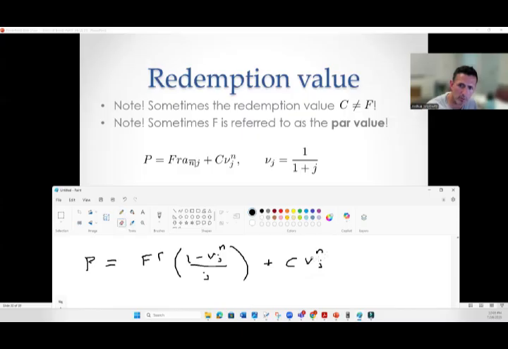I would suppose the use of Makeham's formula is to allow us, in theory, to very easily talk about par, discount, and premium when dealing with bonds where the redemption value is not the same as the par value.